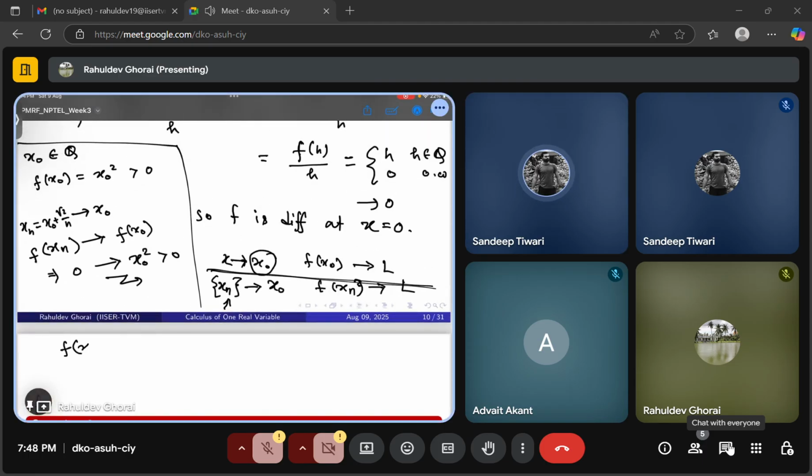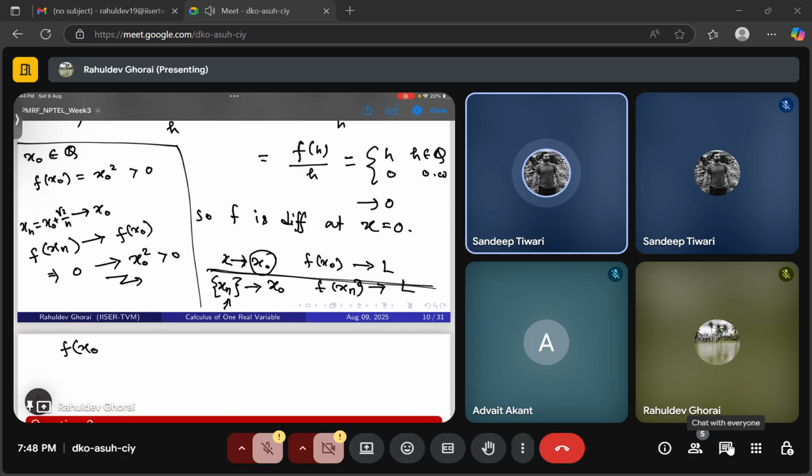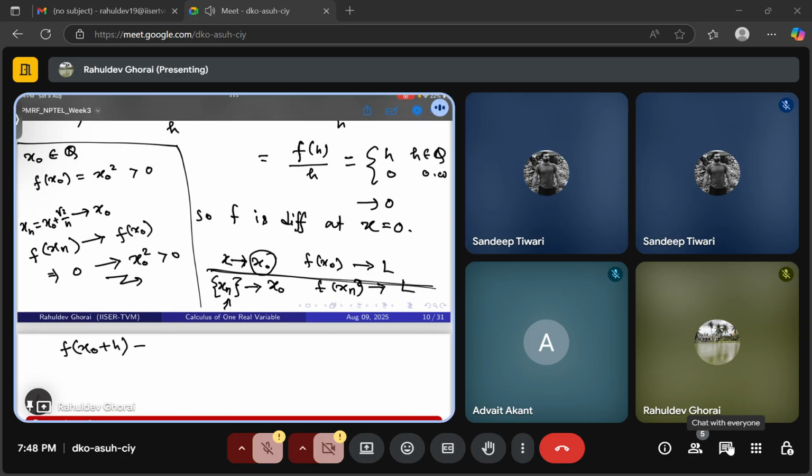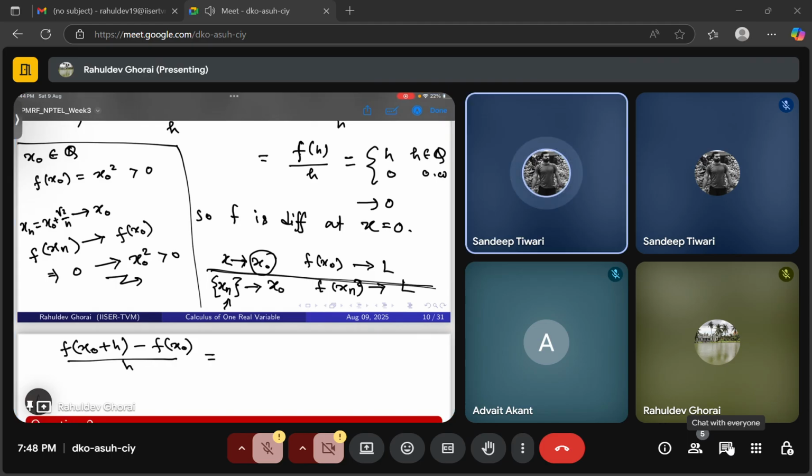Let's say x naught is a rational number. The very first definition of differentiability is the limit as x tends to x naught of f of x minus f of x naught, upon x minus x naught.